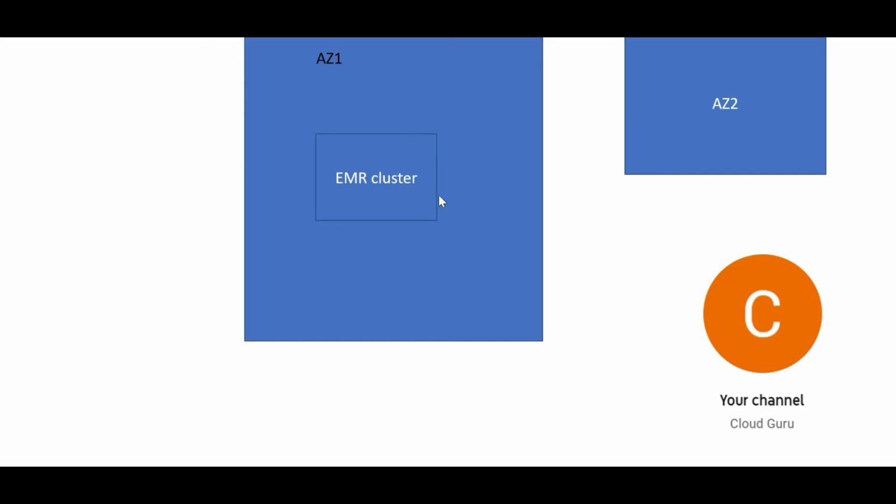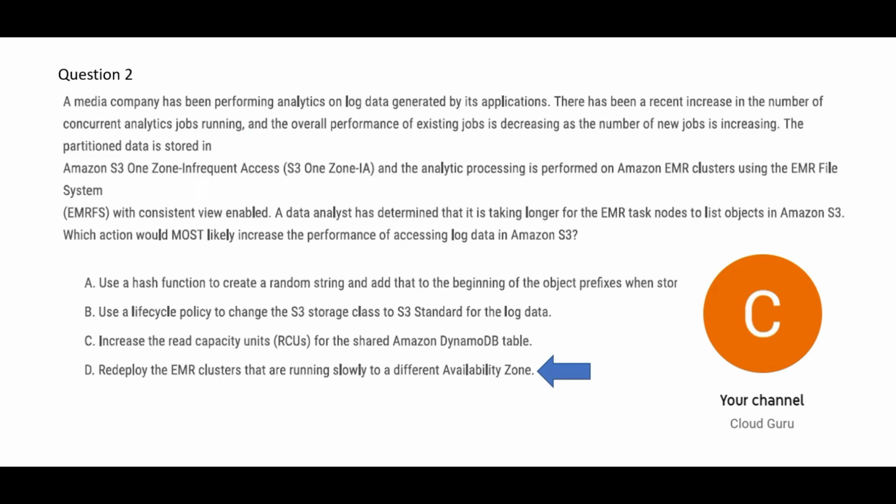Nowhere does the question say that there is some sort of hardware issue in that AZ or data center, or that the AZ is not reachable via network, or that the network is slow. Nothing of that sort is mentioned. That's why D is wrong. So we will lock C as our answer and proceed forward.